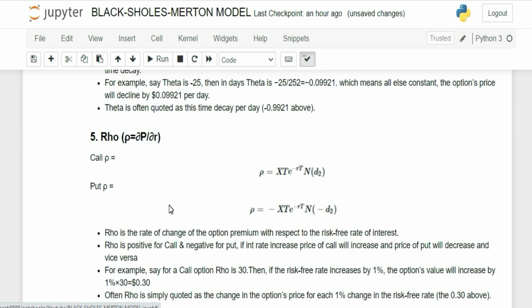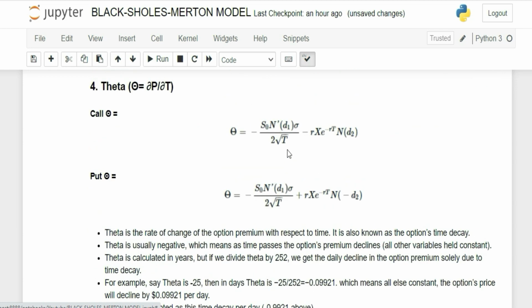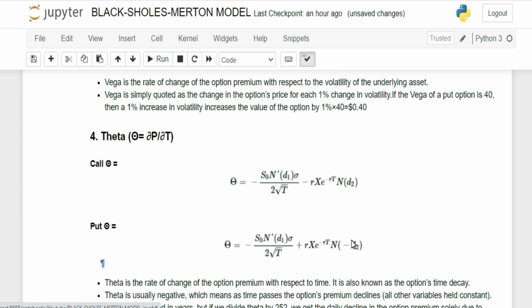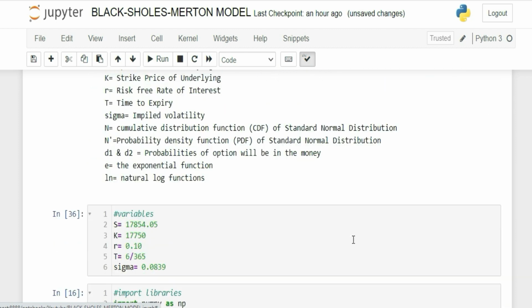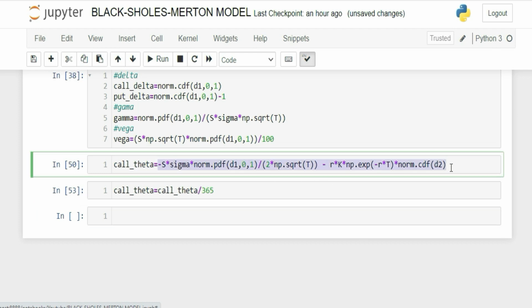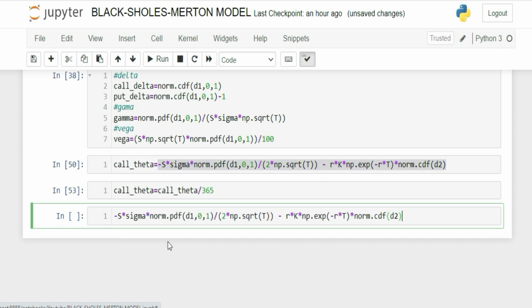All right, so now we can calculate the put theta as well. The put theta is the same as the call theta, but here instead of minus d1 d2 it is minus d2, and this would be a plus. Everything else is the same here, so we are going to simply copy this formula, paste it here.